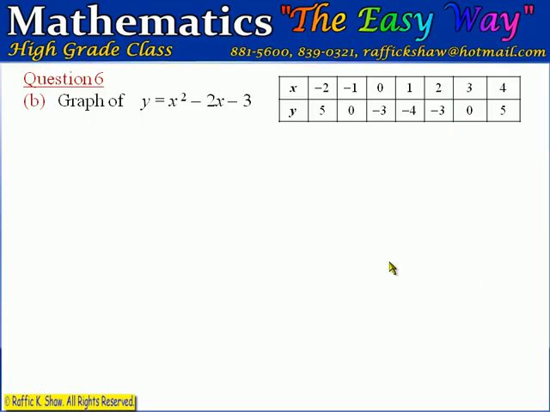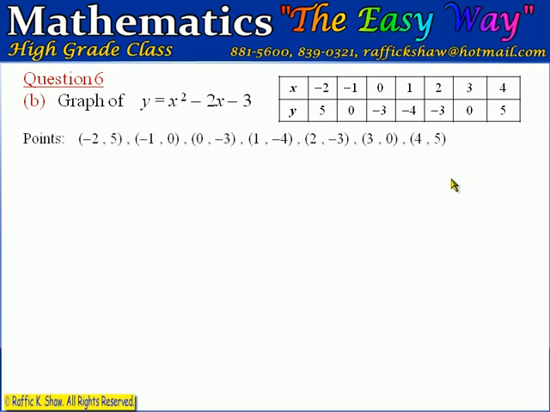Part B says we are to use a scale of 2 centimeters to 1 unit on the x-axis, and 1 centimeter to 1 unit on the y-axis, to plot the graph. This is the table that we carried forward. So what we basically want to do is plot these points on a graph.